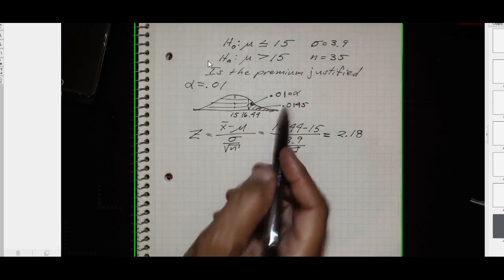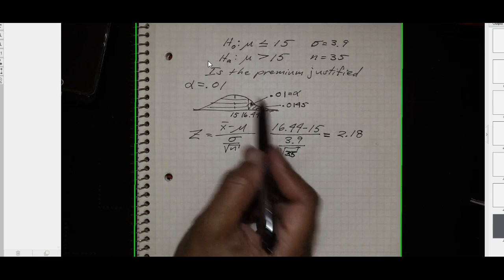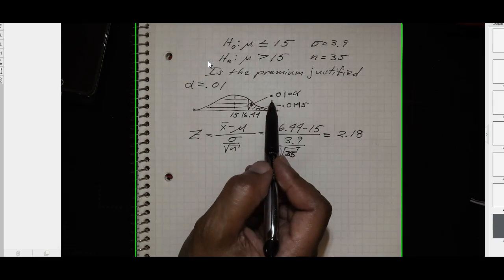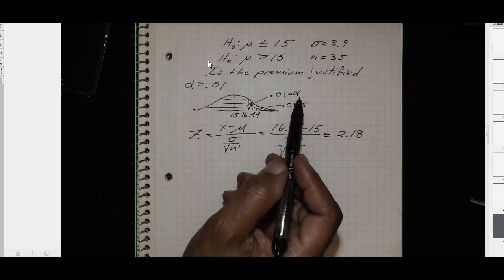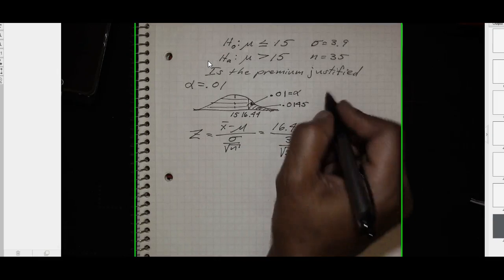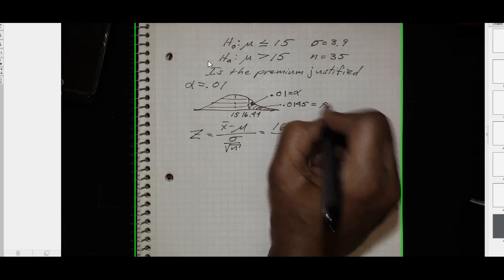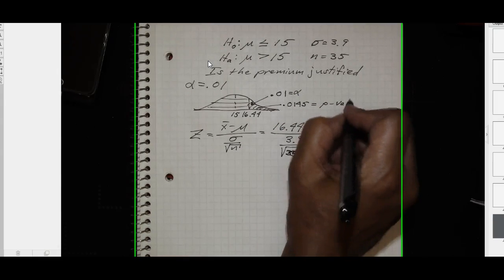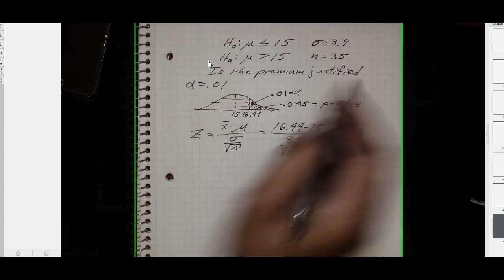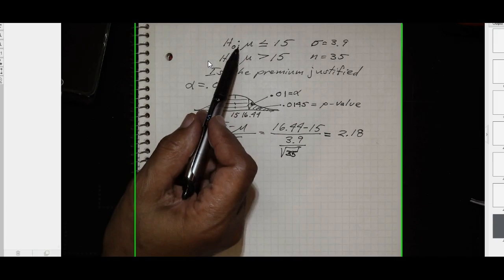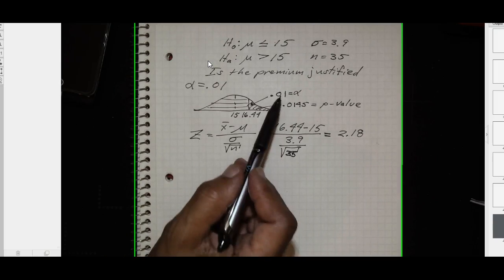And the problem here is this 1.45, the actual area, is greater than our alpha. This is my p-value. But in order for me to reject the null hypothesis, my p-value has to be less than alpha.